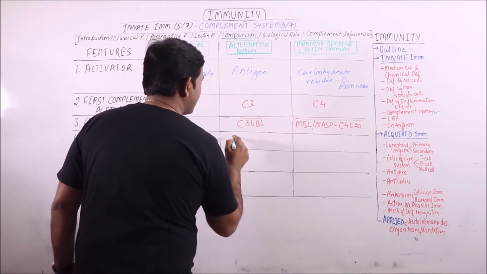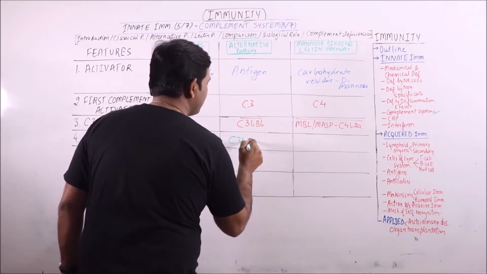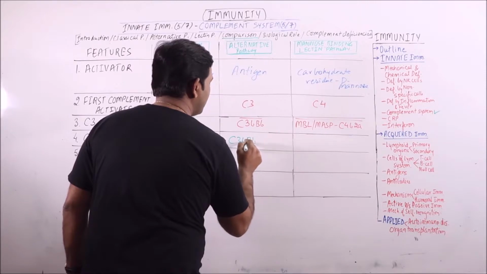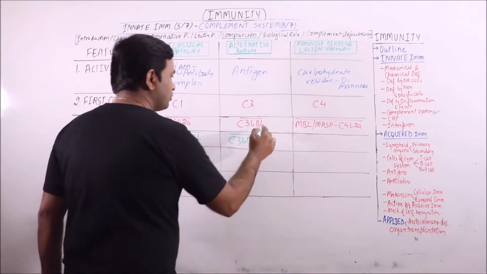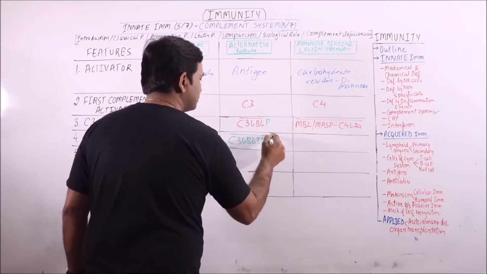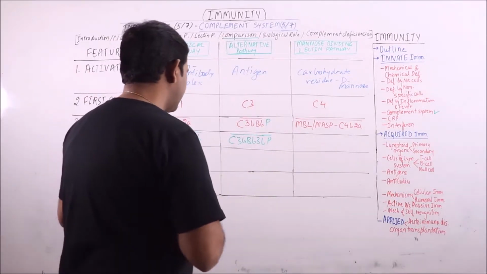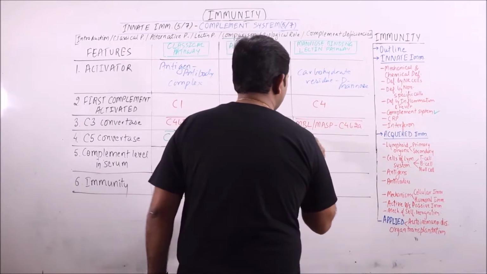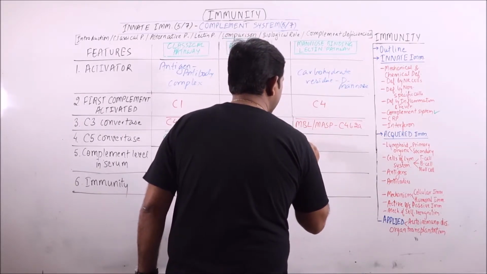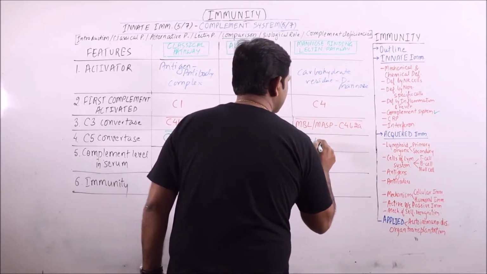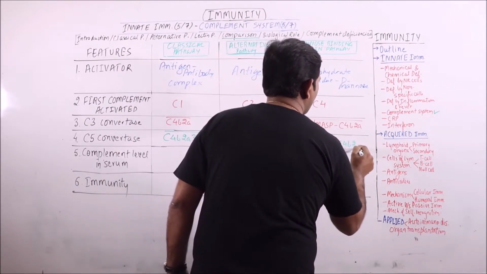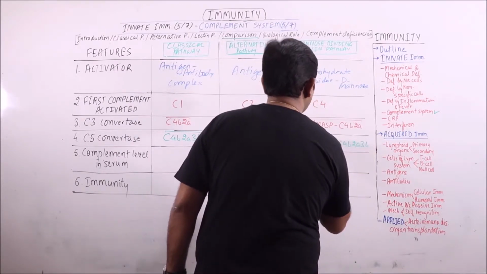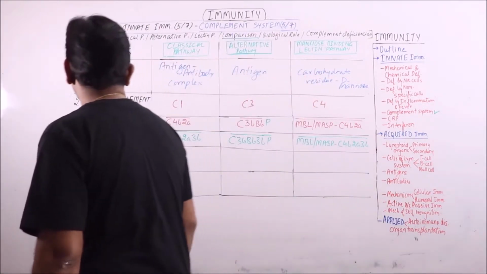In the alternative pathway it is C3bBb3b, and we can also place properdin along with it. In the mannose binding lectin pathway it is MBL-MASP C4b2a3b. This is the C5 convertase.